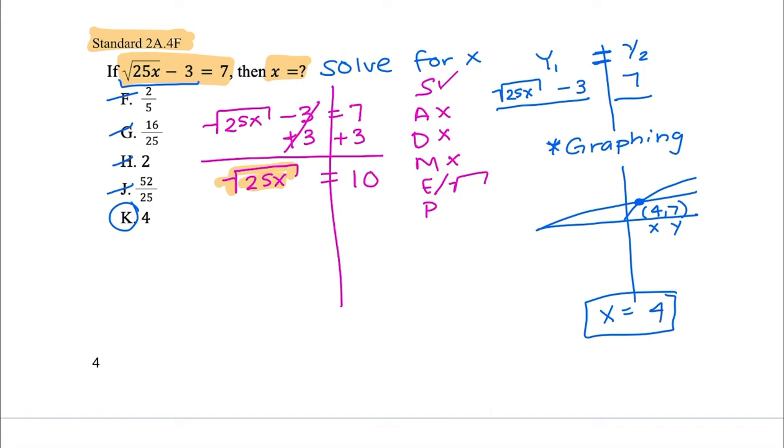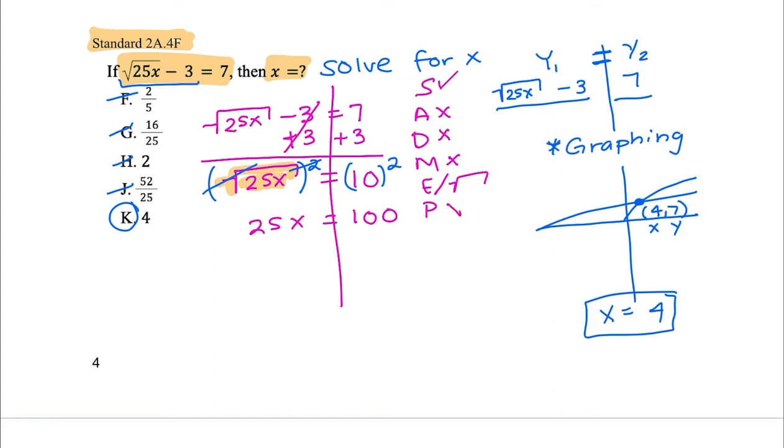So in this case, you want to get rid of the root. How do you get rid of a root? In order to get rid of a square root, you're going to raise it to the power of 2. But remember, what you do to one side, you also have to do to the other. So this cancels out, leaving you with 25x equals 10 to the power of 2, which is 100.